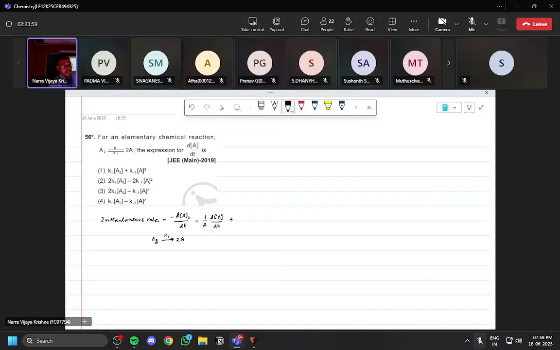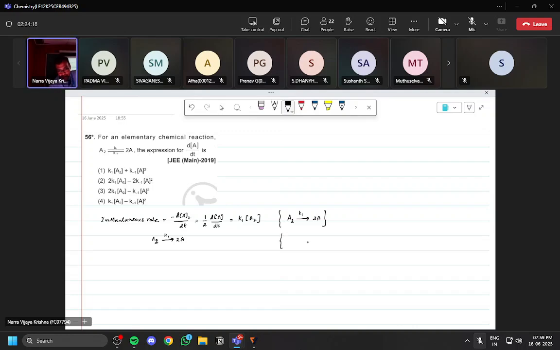According to the law of mass action, what will you write? K1 into A2. Correct? This is for the reaction A2 gives rise to 2A.